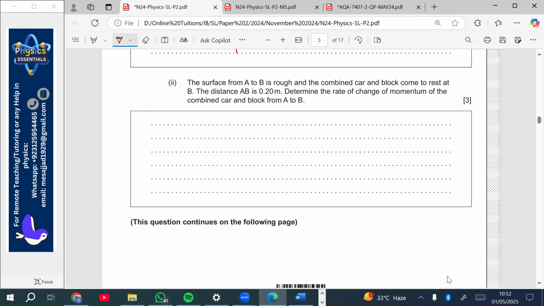Now they are asking you to find the rate of change of momentum. So first of all, you need to be a little bit vigilant here because rate of change of momentum has nothing to do with the SUVAT equations as we think, but it actually has a deep relationship. Let me show you how. First of all, here the speed of the car is decelerating, I mean it is decreasing, so there is a negative acceleration in this case.